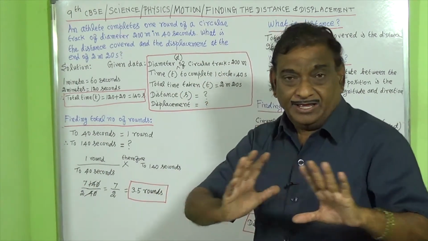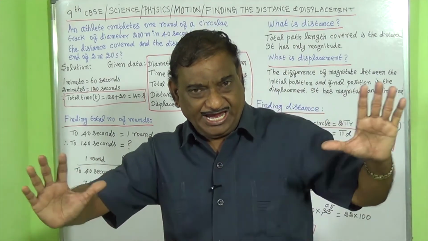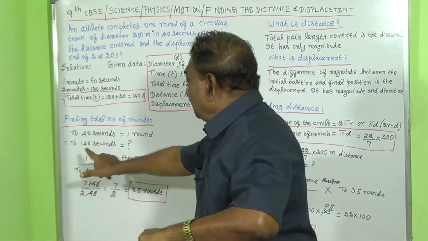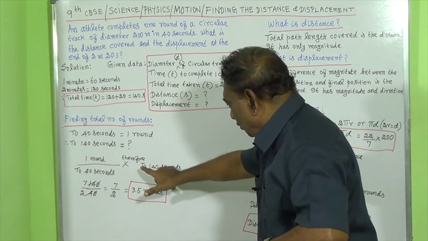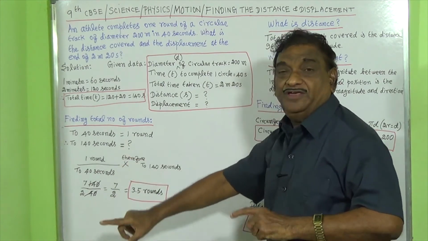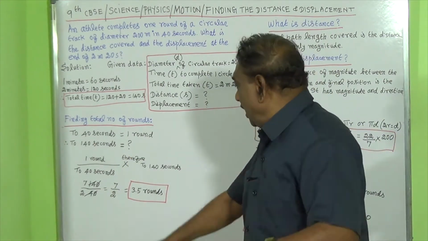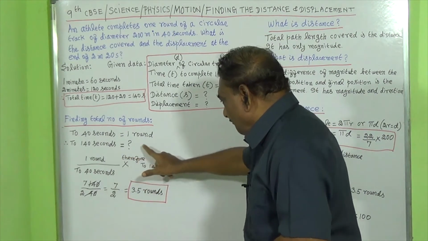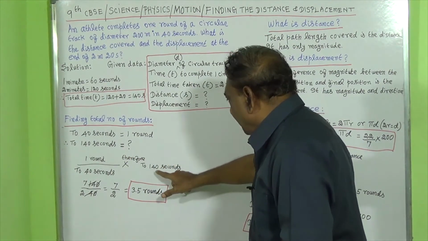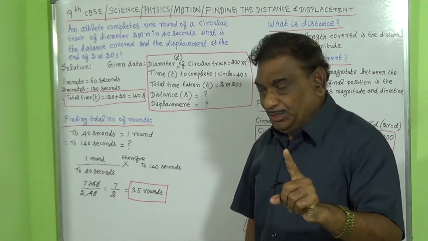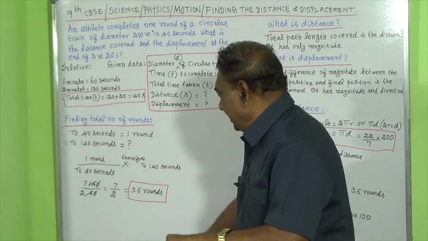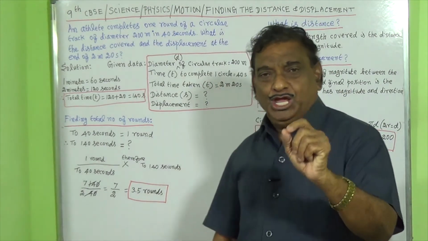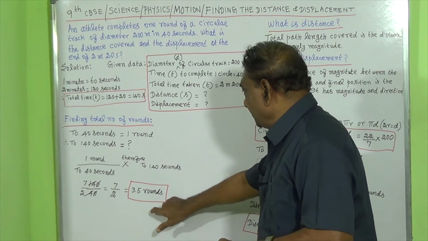But here there is no 40 seconds. The time is provided as 140 seconds. Therefore, the number of rounds is 140 seconds into 1 round by 40 seconds. If we remove the units, we will get 140 by 40. If we simplify, we will get 7 by 2. 7 by 2 is equal to 3.5 rounds.